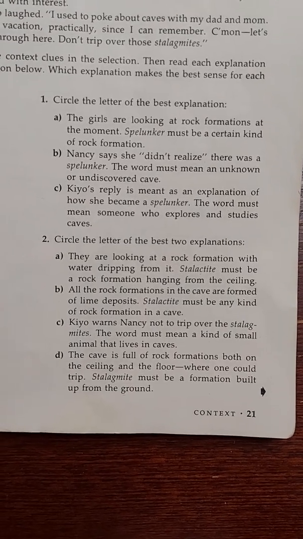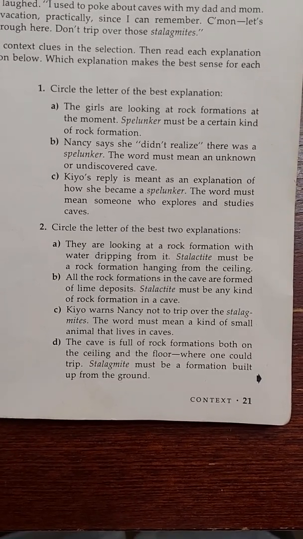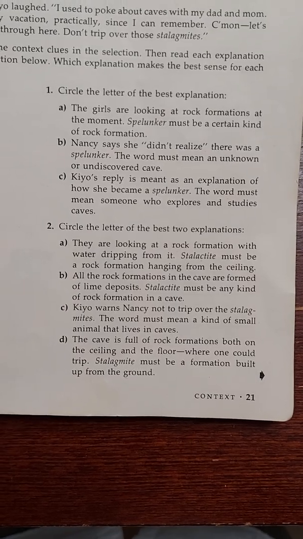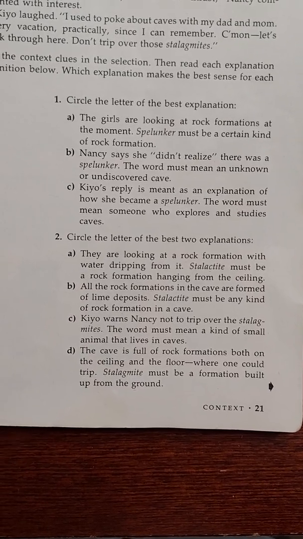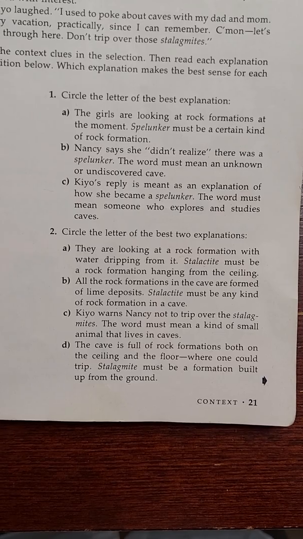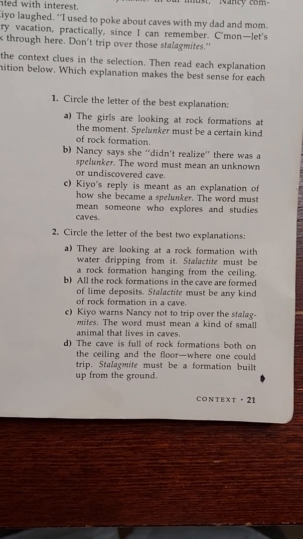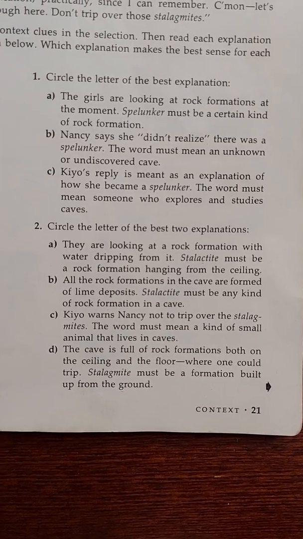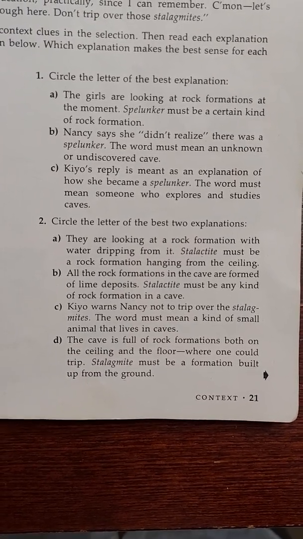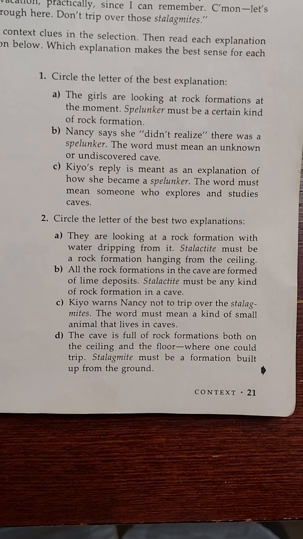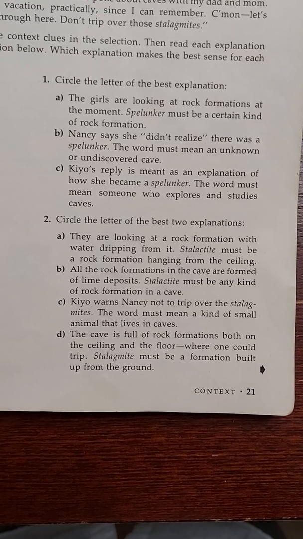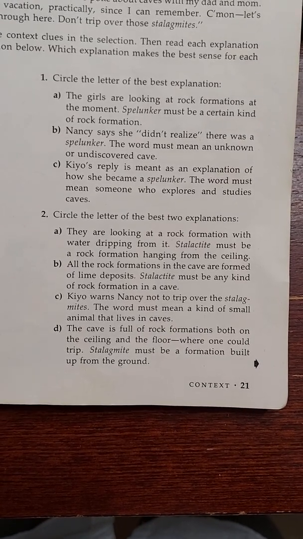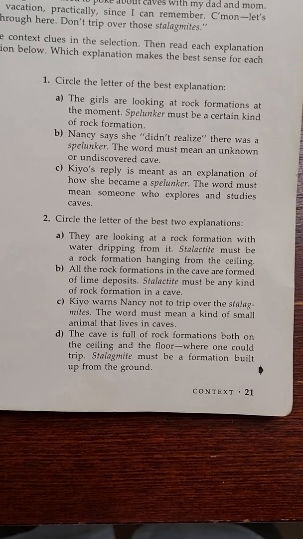Number 2, circle the letter of the best two explanations. A, they are looking at a rock formation with water dripping from it. Stalactite must be a rock formation hanging from the ceiling. B, all the rock formations in the cave are formed of lime deposits. Stalactite must be any kind of rock formation in a cave.